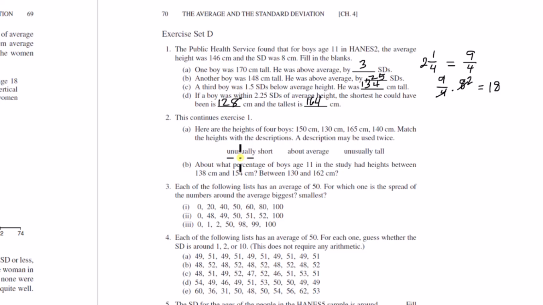They're not talking about a number that's between 1 and 2 standard deviations. They're saying more than 2 standard deviations away. So I would categorize one of those numbers as unusually tall or short. If a number was between 1 and 2 standard deviations, I would categorize that as more away from the average. It's not unusual, but it's not about average. It's away from the average. So I would expect every one of these numbers to be either within 1 standard deviation or further than 2 standard deviations away from the average.